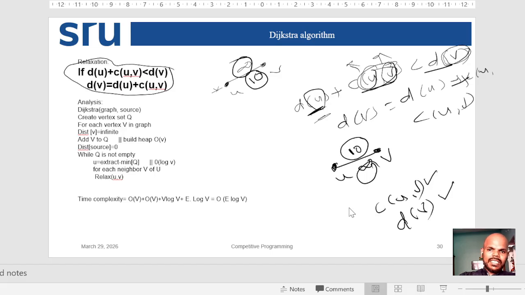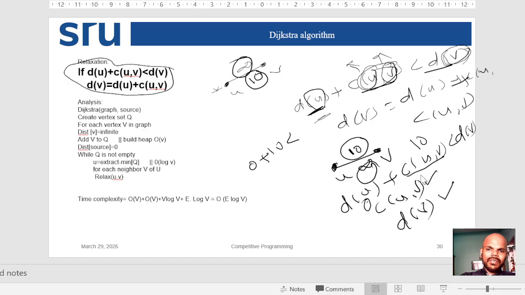Then what is the condition? Distance of u plus cost of u comma v is less than distance of v. The cost of u comma v is 10. Distance of u itself, where we are at position u, the same location, is 0. So 0 plus 10 is less than distance of v.